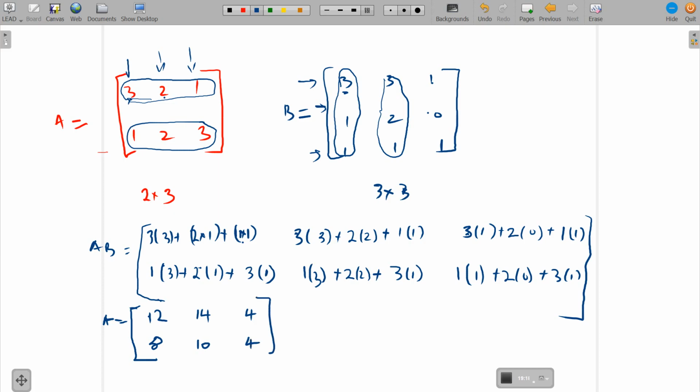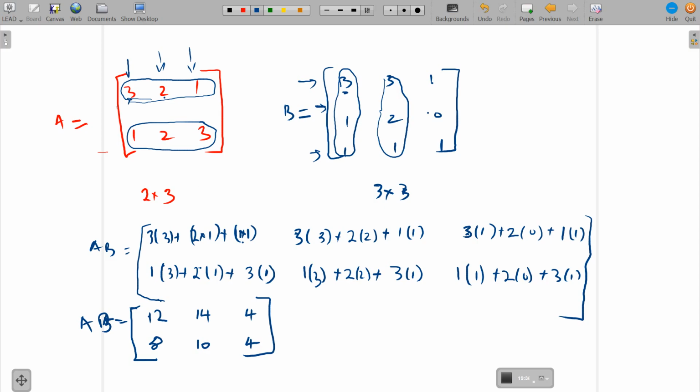So that is the multiplication. Now let's take a look at this multiplication. That's A times B. Okay, so this is A times B. Now, if you are multiplying two matrices, what will be the outcome?